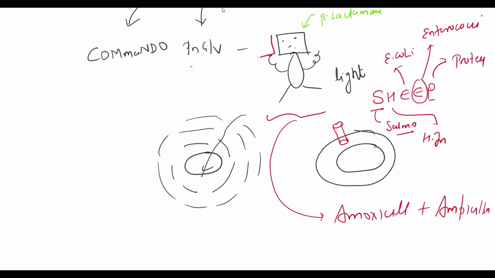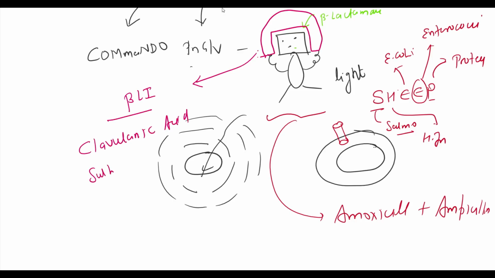So we provide the protection of a helmet to amoxicillin and ampicillin, and this helmet is known as a beta-lactamase inhibitor. Examples are clavulanic acid, sulbactam, and tazobactam. These molecules inhibit beta-lactamase enzyme and prevent destruction of the beta-lactam ring of amoxicillin and ampicillin.